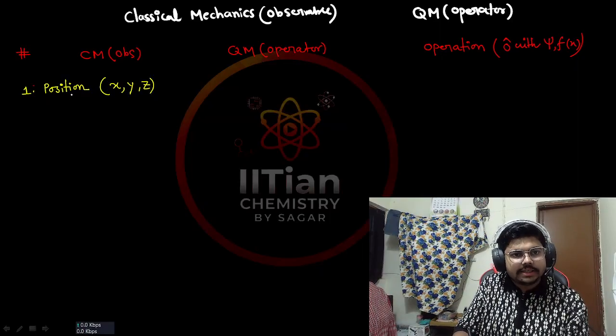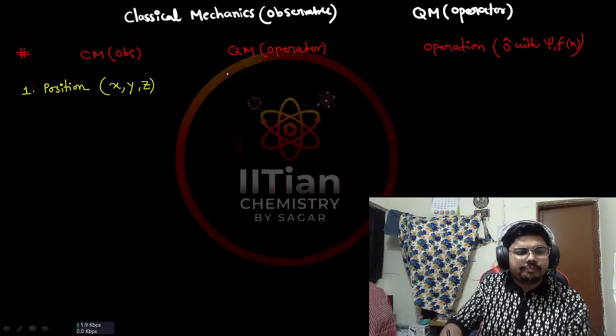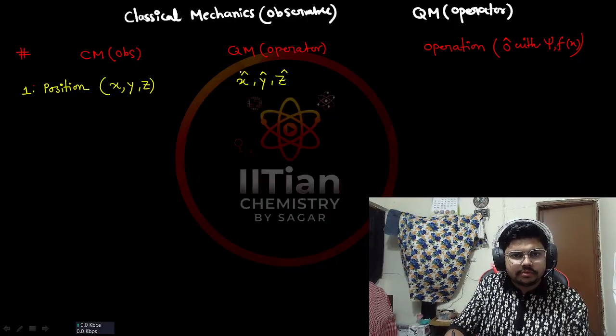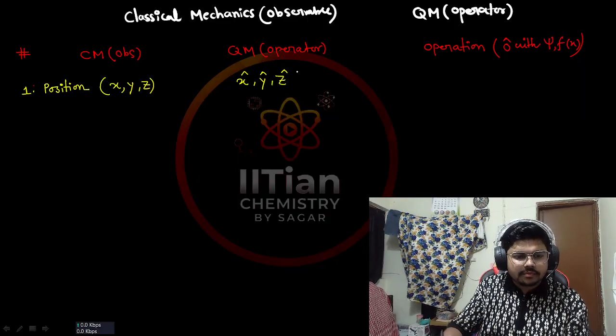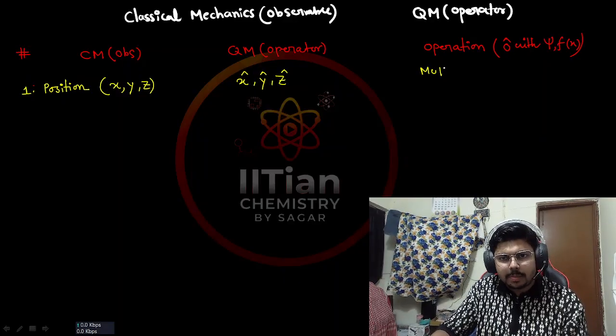So this is basically position. In classical mechanics, to indicate position, we just use x, y, z coordinates. In quantum mechanics, for this we write x cap or y cap or z cap. Here the operation is basically multiplication.